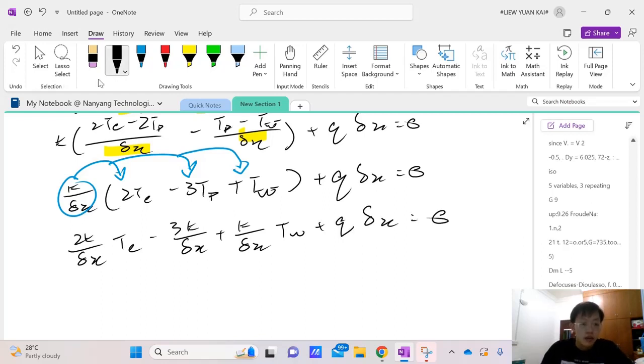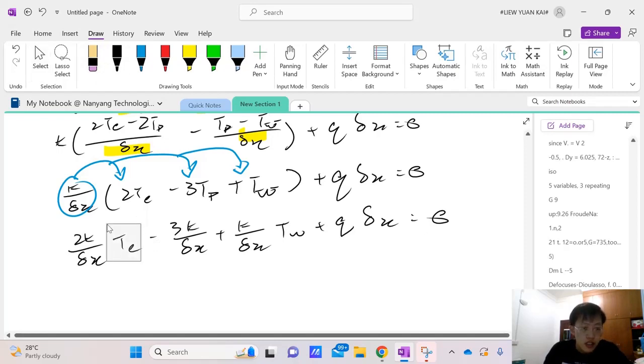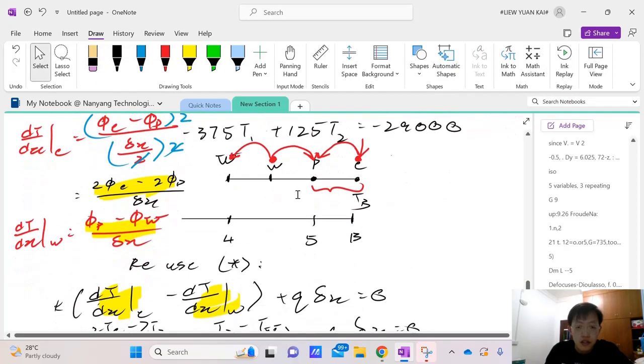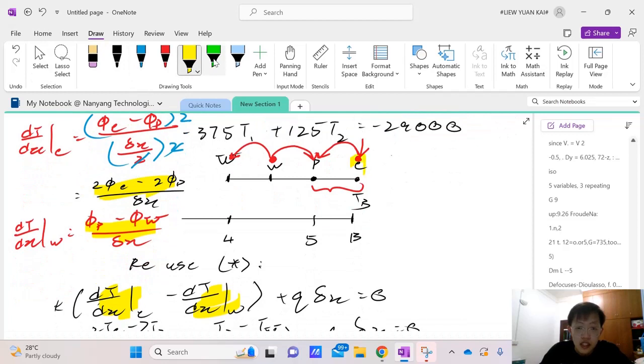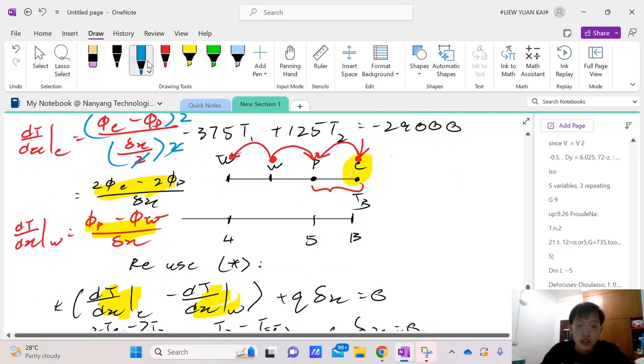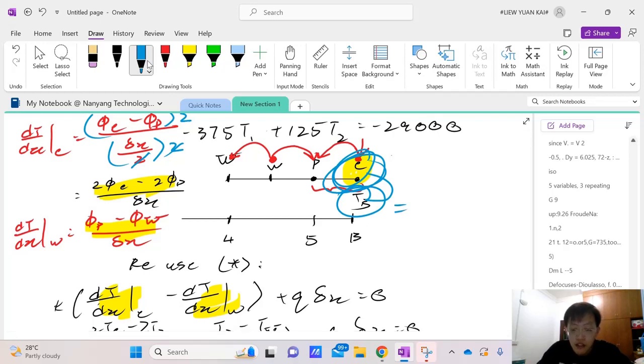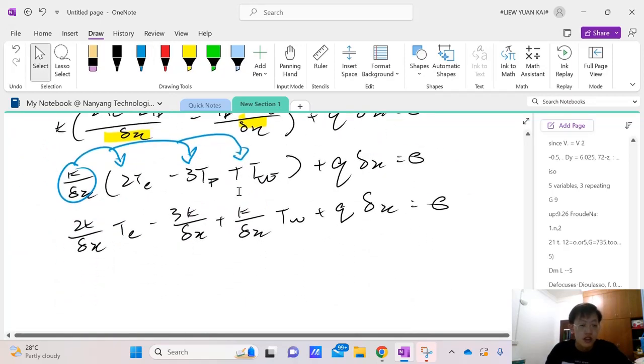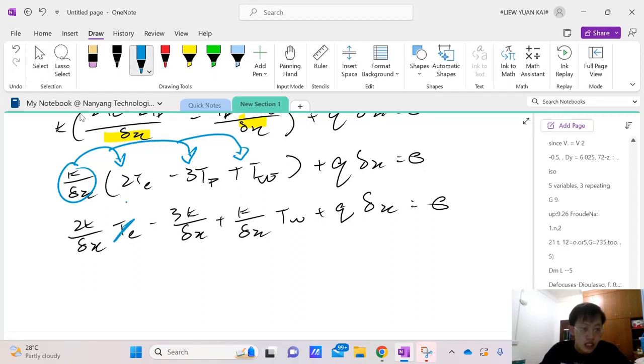Okay, but remember, what is T small east? T small east is actually the boundary condition, right? You see, this is small east, this is small east, and it's actually TB. And TB, they have already told us, which is 200 degrees Celsius. Okay, so this is actually TB.